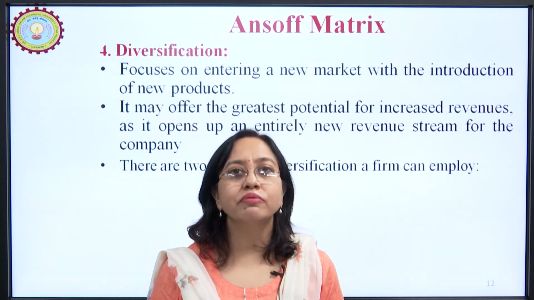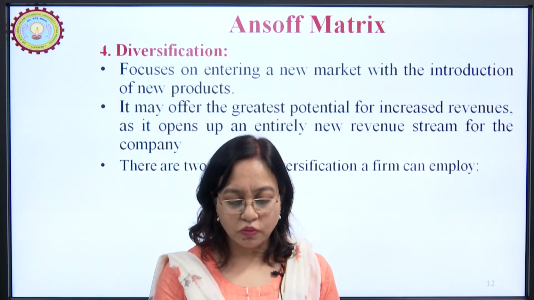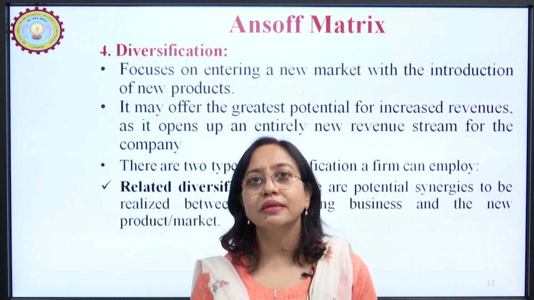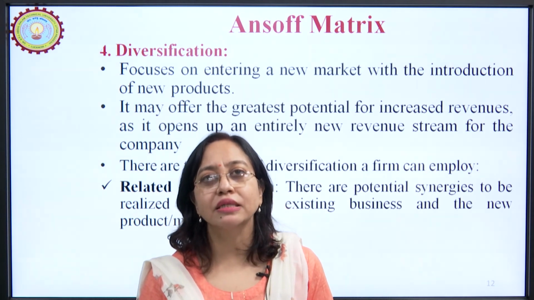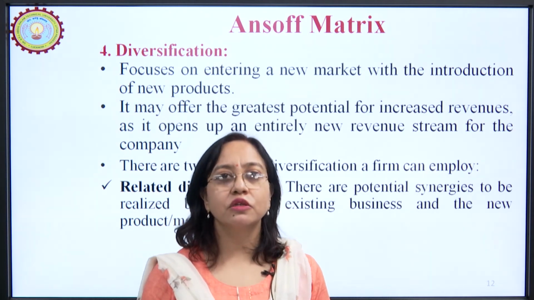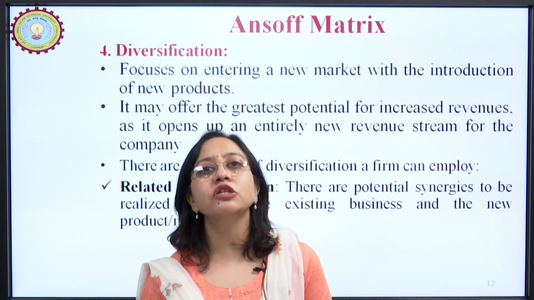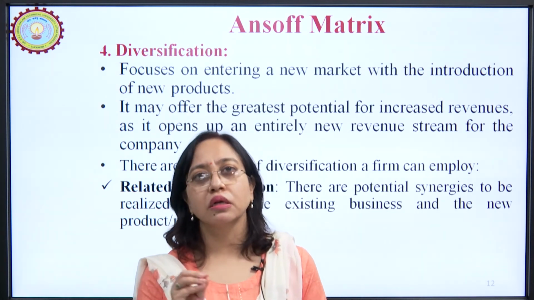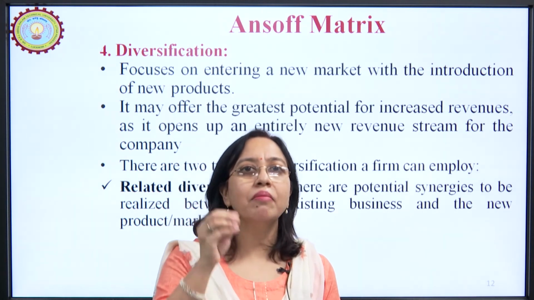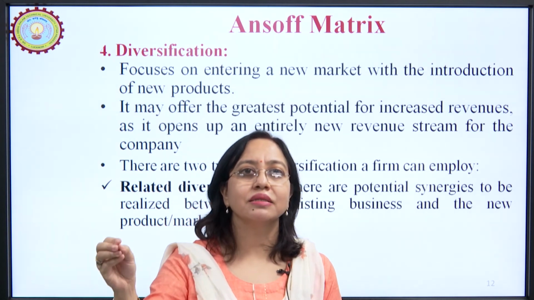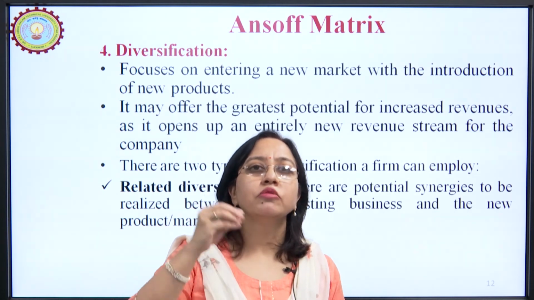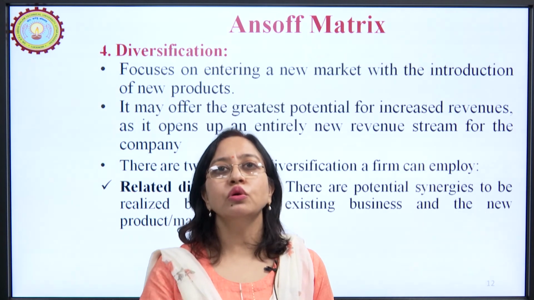Now, there are two types of diversification which can be used by a company. First is related diversification, again which we have discussed, that is the firm moves into a business which is somehow related to its existing business. It is not exactly the same, but it is somehow related. So, Colgate from toothpaste moves on to toothbrushes.